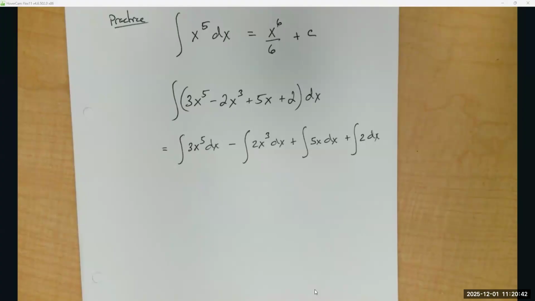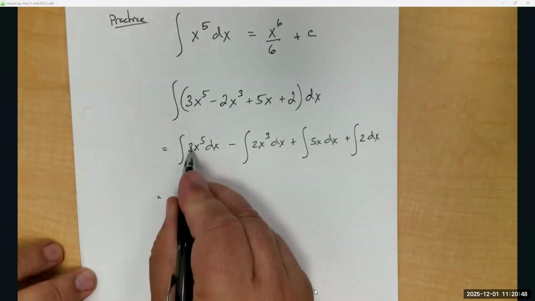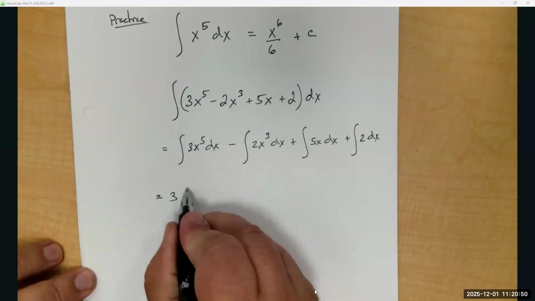Remember that rule? There's another rule. We had the constant multiple rule. The 3, it can go out in front.